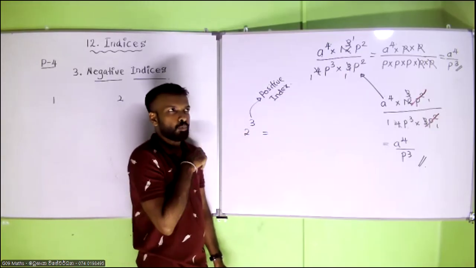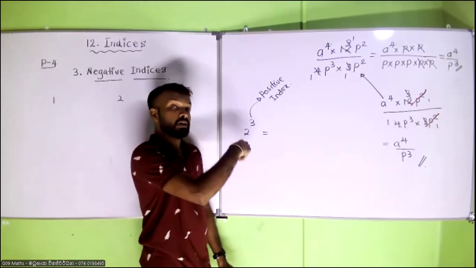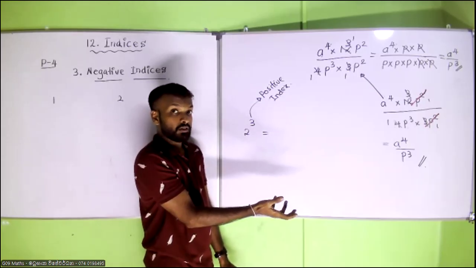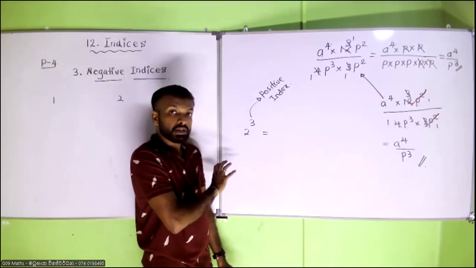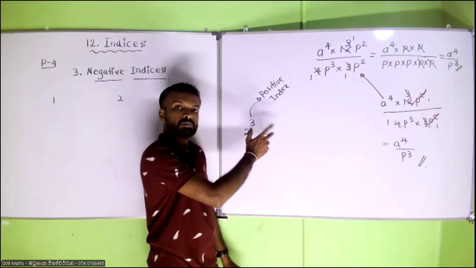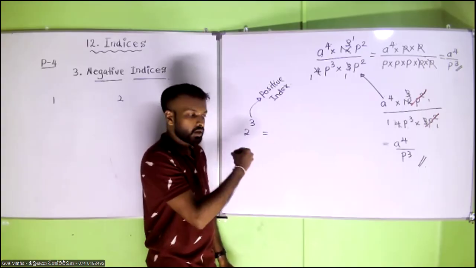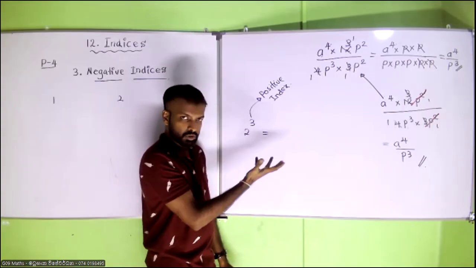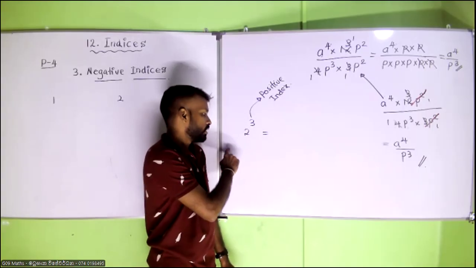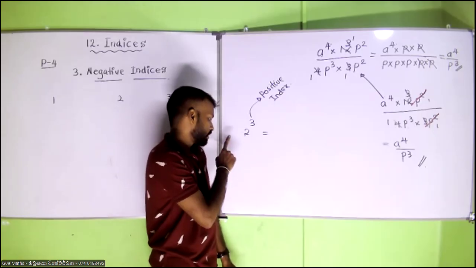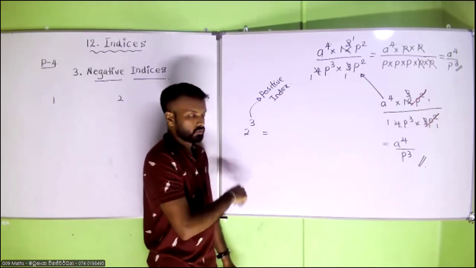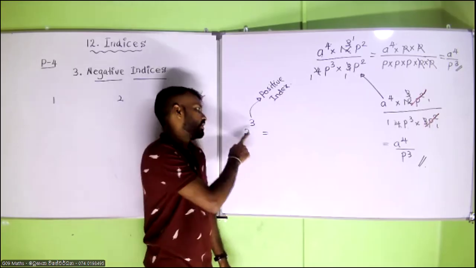If you have a positive power, take the reciprocal, then it becomes negative. If you have a negative power, take the reciprocal, it becomes positive. Positive, reciprocal, negative. Negative, reciprocal, positive.